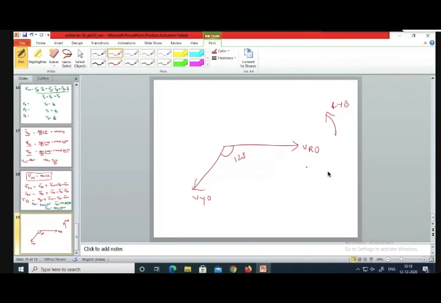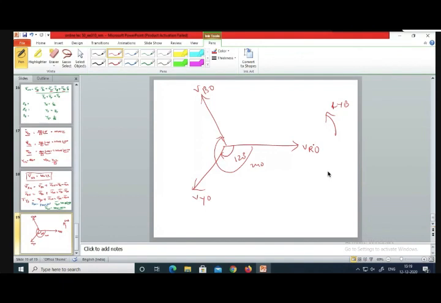This will be VYO. And after Y you will be facing B, that is VBO. The angle between these two is 240 degrees. So this is the phasor diagram on the supply side.